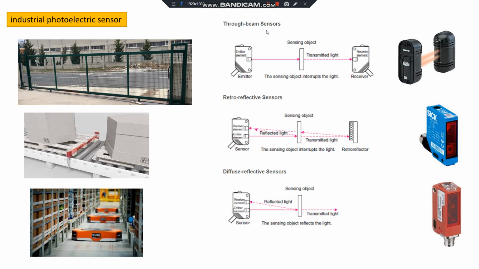For the first sensor, beam sensors, in the first example there are factory doors, and these doors need to be secured. We connect the parts of the beam sensors in front of and near the door, and it is very useful for security. Beam sensors have two parts, receiver and emitter.